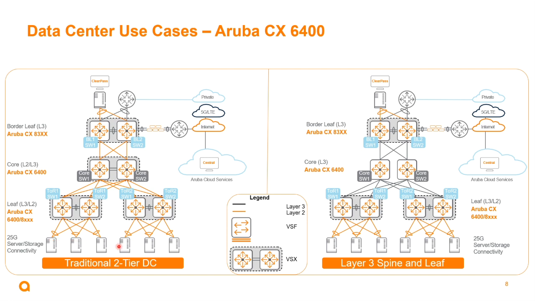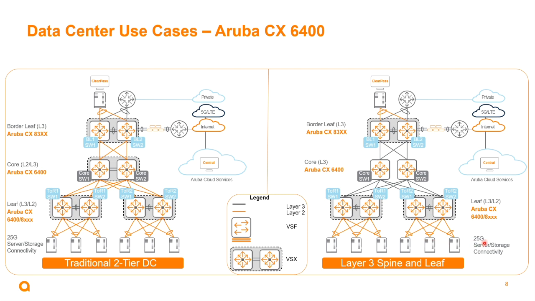Moving across to layer 3 spine and leaf, because of the extended tables we can quite easily make these 6400s the spine, not in VSX obviously because they're independent being in the spine, but when we have them as leafs we can put them into a VSX configuration, and then have them connecting up to multiple servers effectively in a top of rack at 25 gigs.